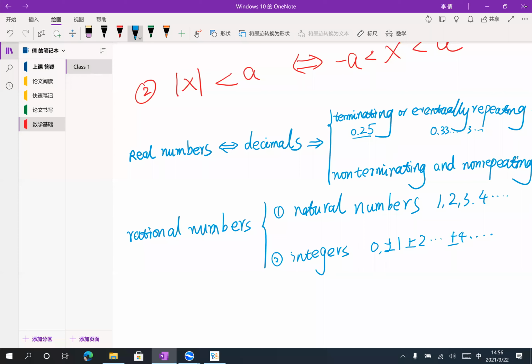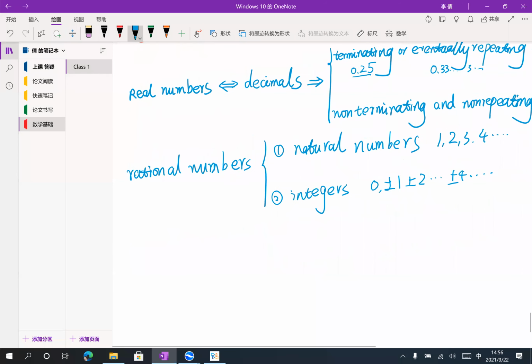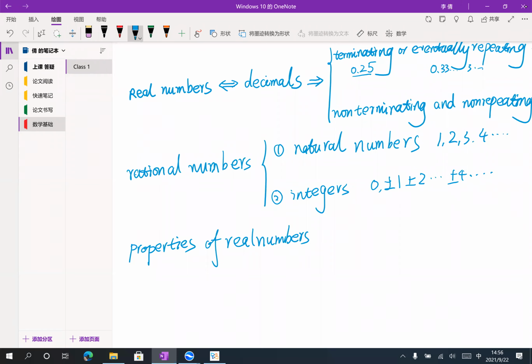And then we studied some properties of real numbers. The first property is what? Can you remember? The first one is the algebraic properties.